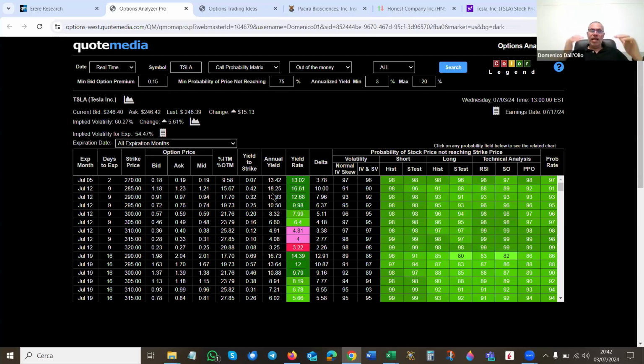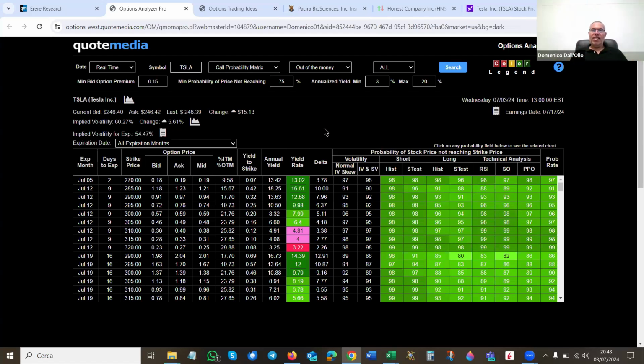So you see, this helps you find the best compromise between the annual yield and the probability of not being reached, which would mean having the obligation to sell down the line, which you would like to prevent.